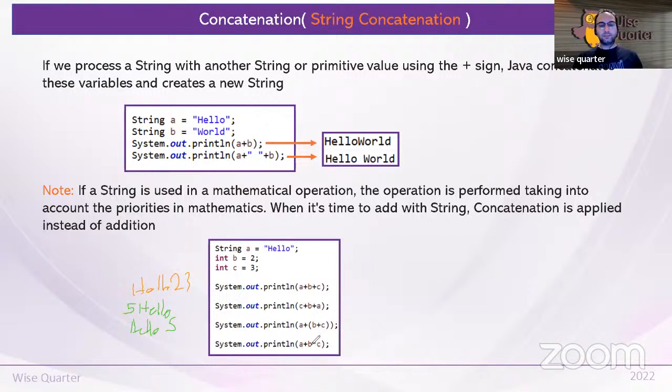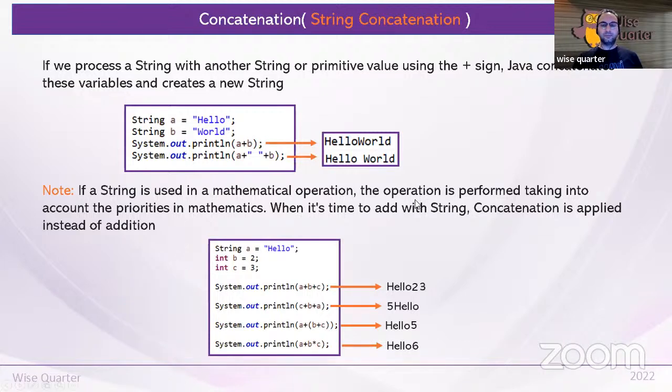When I multiply B by C, the result will be 6. Hello plus 6, it will be hello 6. Let's see the results. Hello 23. Hello 5, just like I told you. Okay, hello 6. It seems fine.